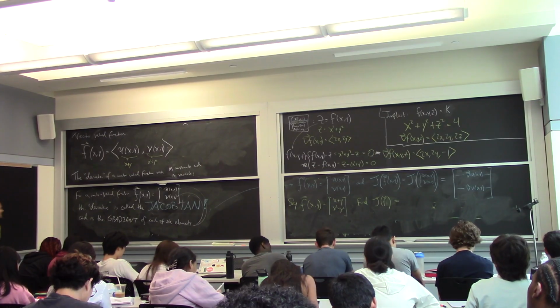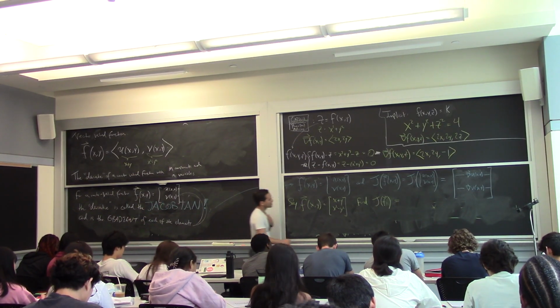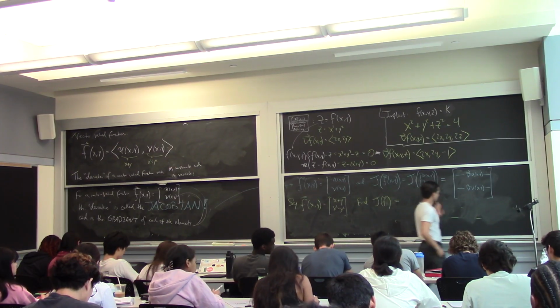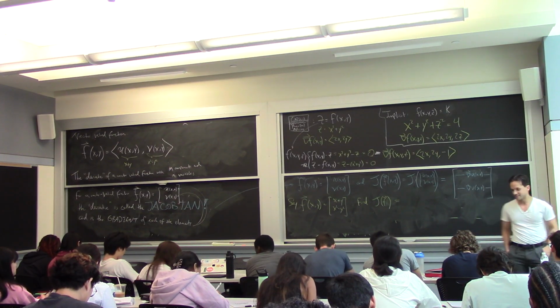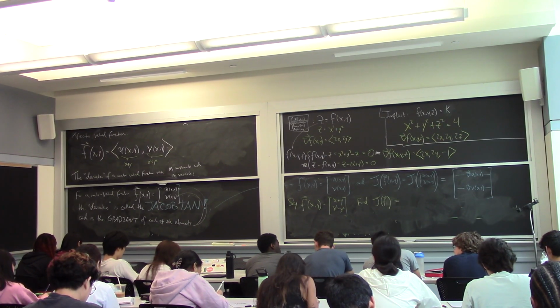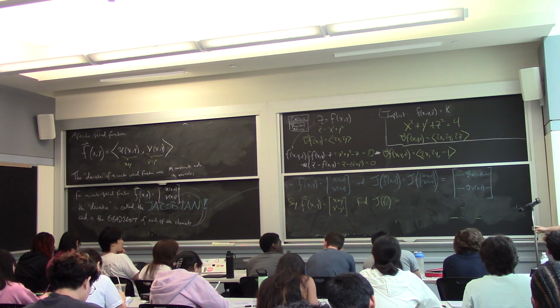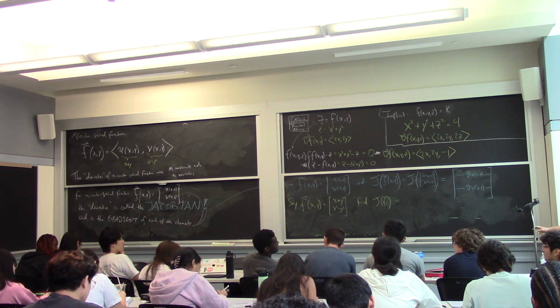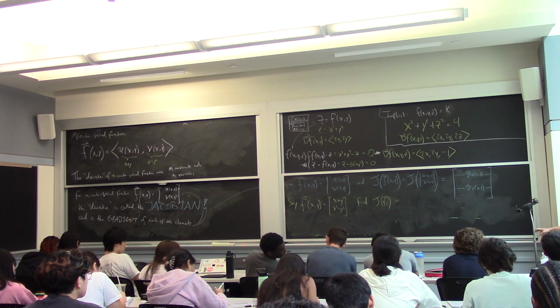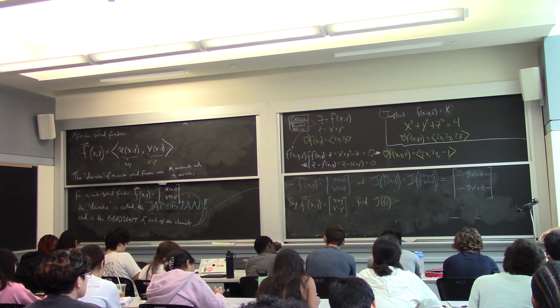Yeah, excellent question. You can have a vector valued function of 3 variables that only has 2 components.